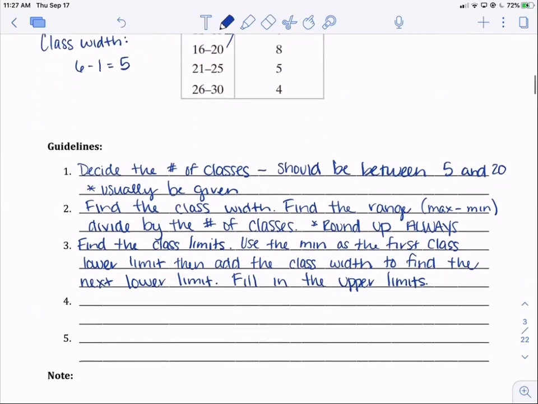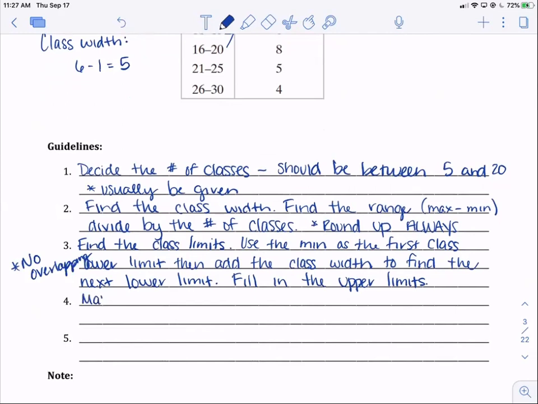Key thing with your class limits, there should be no overlapping. There should be no overlapping. If a class overlaps, you don't know where to put it when you're doing your tally, which is our 4th step.